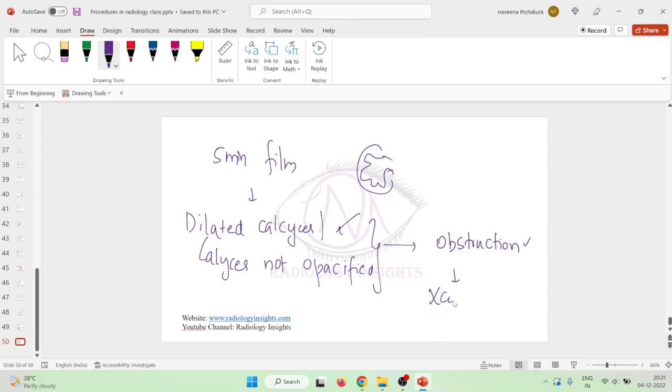As a result, we should not use compression bands in these conditions, because obviously there is an obstruction present, so it is not good to use the compression bands.